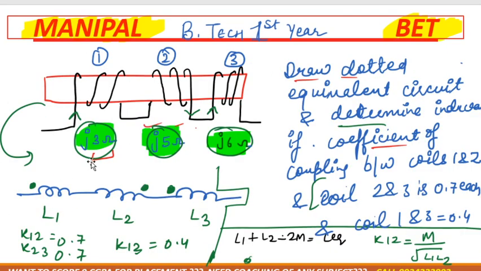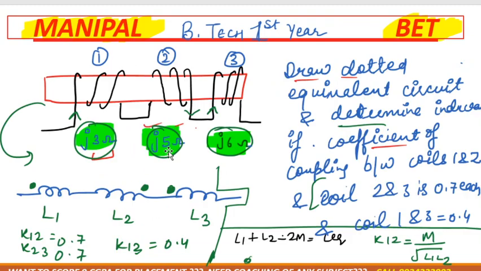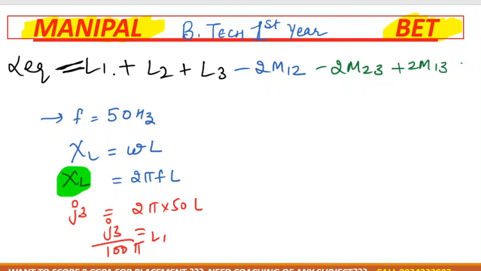So if they have given j3 ohm, then j3 is equal to 2 pi into 50 into L. So j3 divided by 100 pi would be your L1. Similarly, j5 divided by 100 pi would be your L2, and j6 divided by 100 pi will be your L3. Got it? So we get L1, L2, L3.